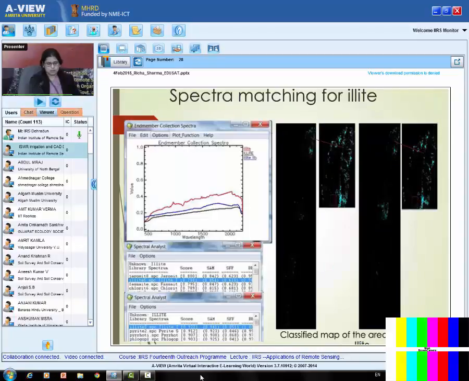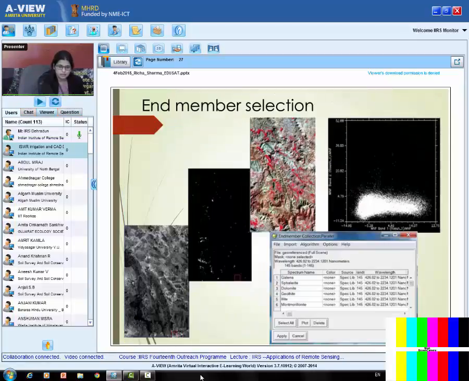Now, whatever pixels we have selected as pure pixels, say 10, 20 or whatever, say for this particular class, 5 from this place, 2 from this place, 3 from this place, like that.